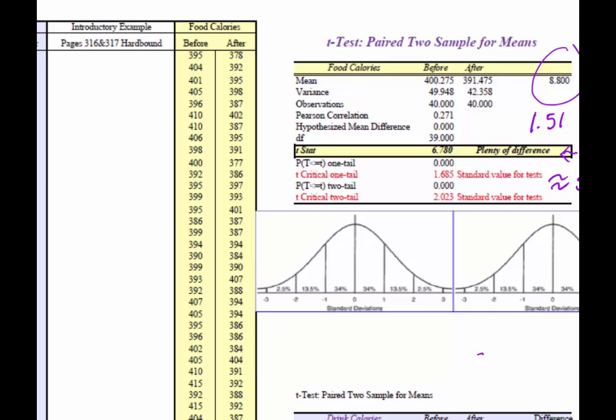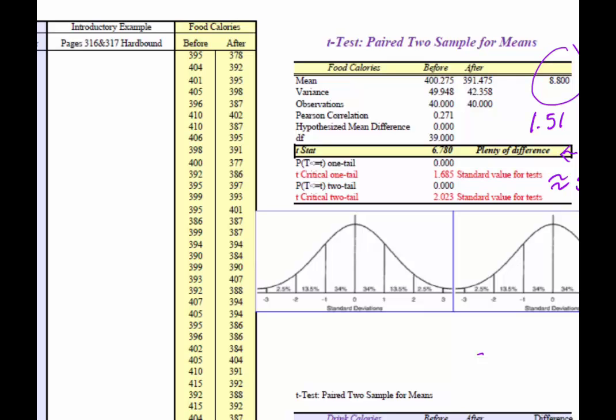So basically what this says is that there is indeed a difference between the calories that are consumed before and after the calories were posted on the menus. And in this case, we can say that these two groups are actually different.